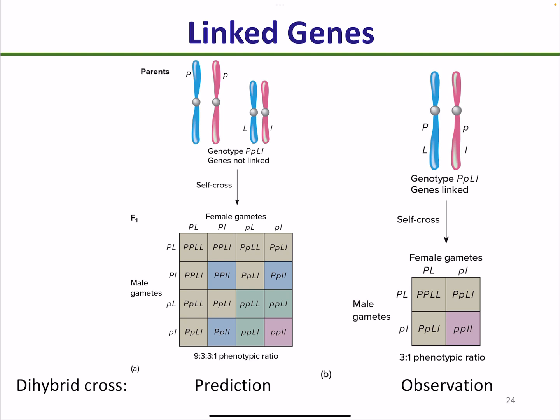In Mendelian genetics, when you cross a dihybrid for purple flowers and long pollen grains, you would have these gametes for one parent, and these gametes here for the other parent, and the phenotypic ratio would be 9-3-3-1.